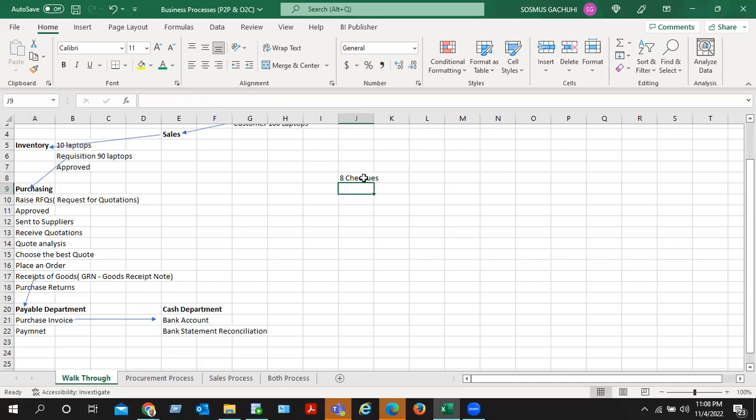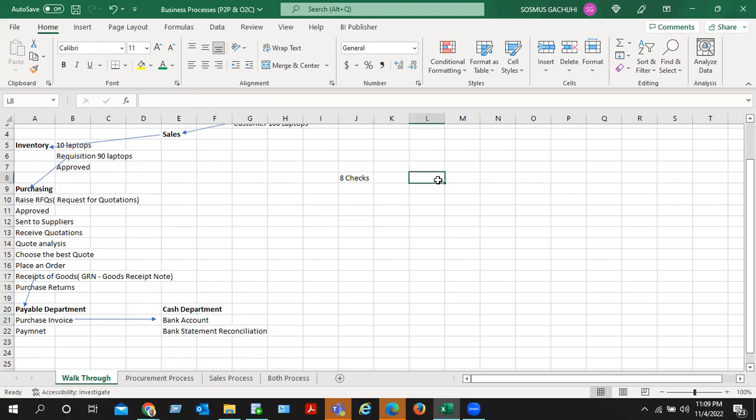and these checks need to be presented to the suppliers' banks, so that they can get money cleared from our bank account to the supplier's bank.